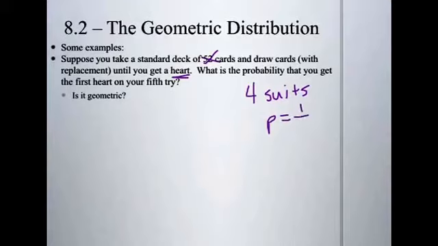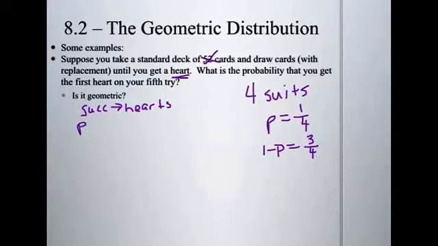Success is 1/4. Not succeeding, or probability of failure, is 3 out of 4. What is the probability that you get a first heart on your 5th try? Well, first the question asks, is it geometric? Let's think back. For geometric distribution, we need to have success. And here, it's if we get hearts.